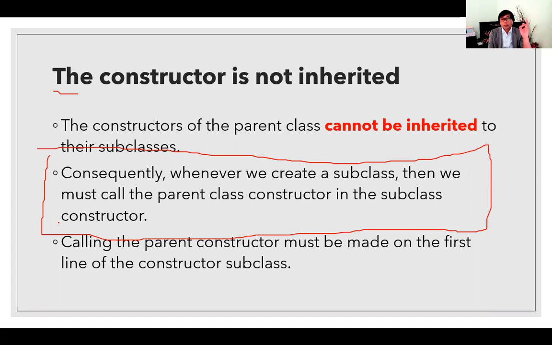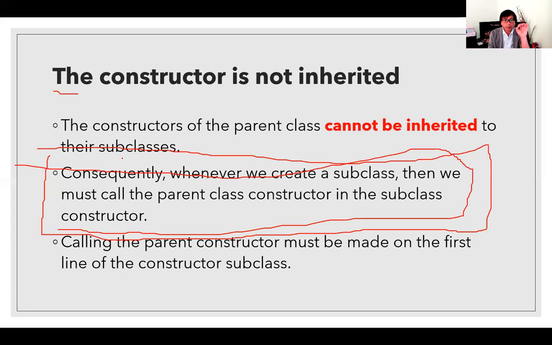So it is okay not to create a constructor because Java will create it for you automatically. But if you do create a constructor of a class, especially in an inherited class, this rule must be applied to that constructor.